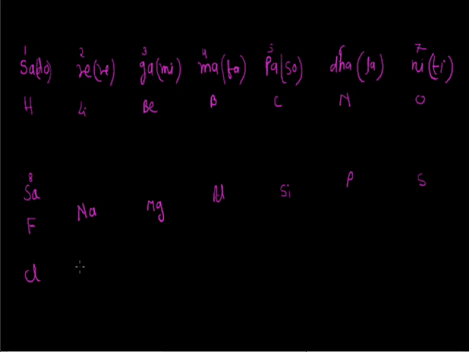Now chlorine, potassium, calcium, chromium, titanium, Mn, iron, cobalt and nickel, copper, zinc, yttrium, indium, arsenic, selenium.